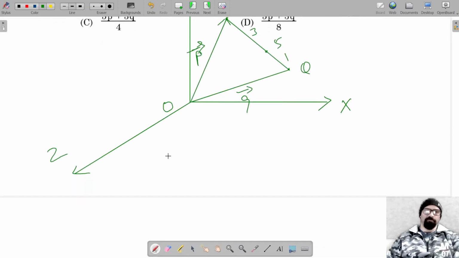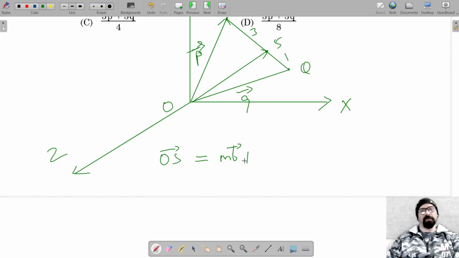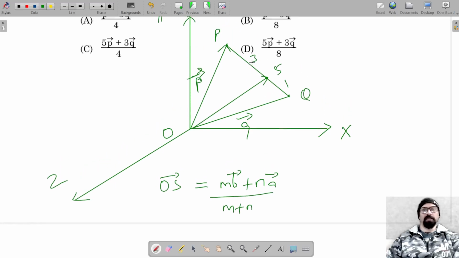Now the position vector of S will be OS. So this is the position vector of the point S, which is OS. Now the formula is M into B vector plus N into A vector upon M plus N, where M and N is the ratio.